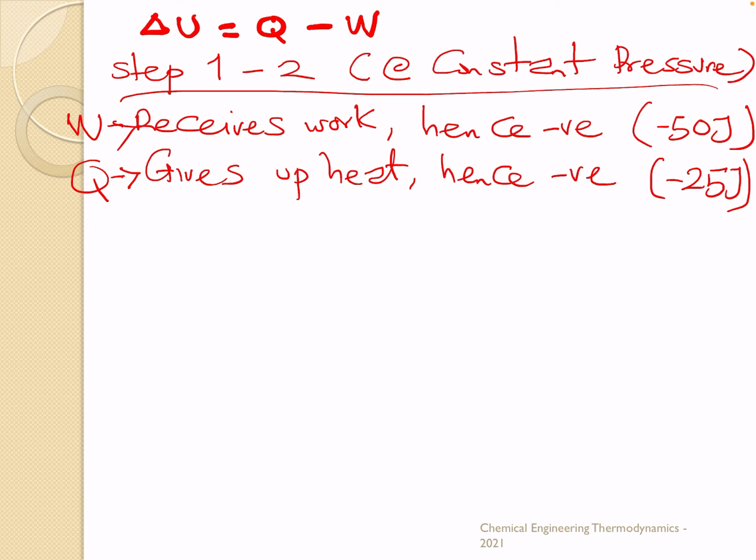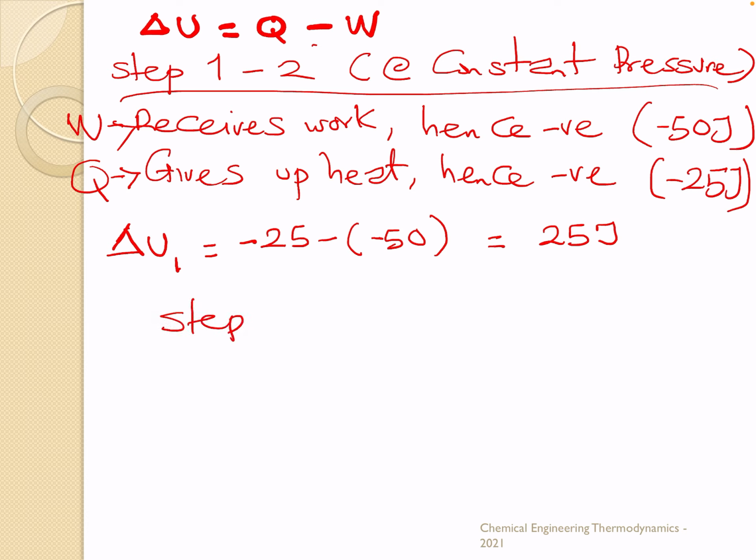Using our change in U formula, the first change in U will be equal to minus 25 minus, remember that minus in between, minus 50. If you do that, it gives us 25 joules. So that is for the first step. Let's move on to the second step, 2 to 3, which is at constant volume.